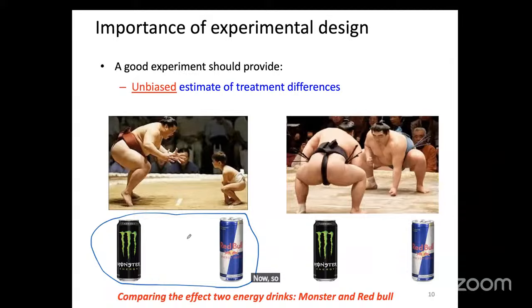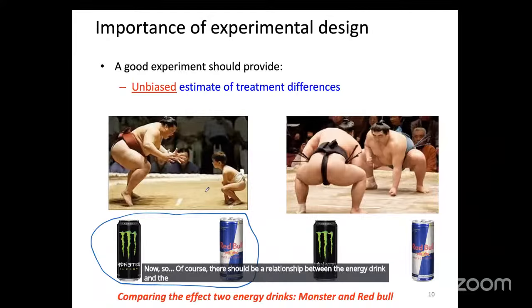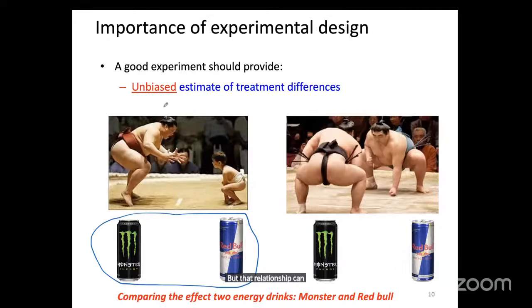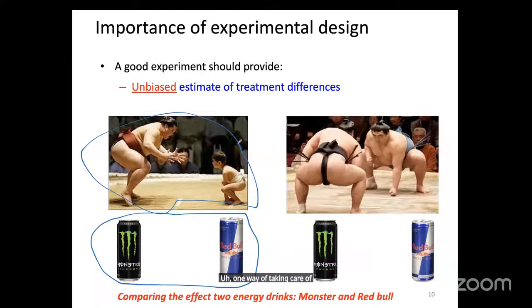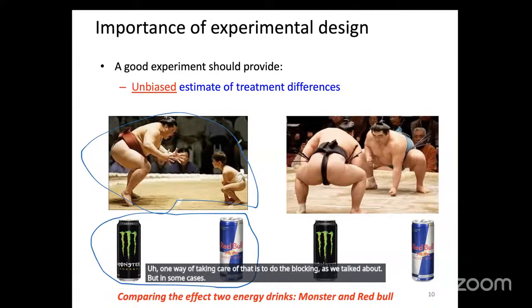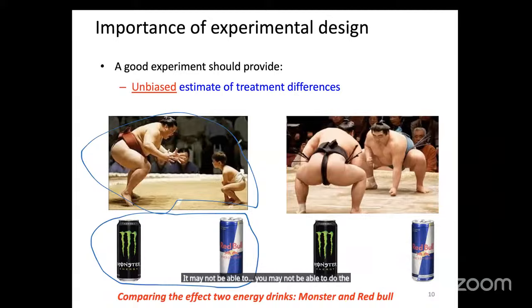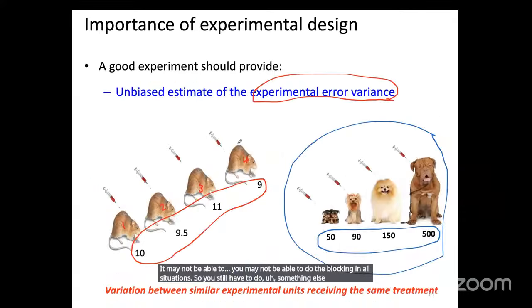Of course, there should be a relationship between the energy drink and the winning, but that relationship can get distorted if you have different experimental materials. These differences are going to confound the effect that you have. One way of taking care of that is to do the blocking, as we talked about. But in some cases, you may not be able to do the blocking in all situations, so you still have to do something else in addition to the blocking.